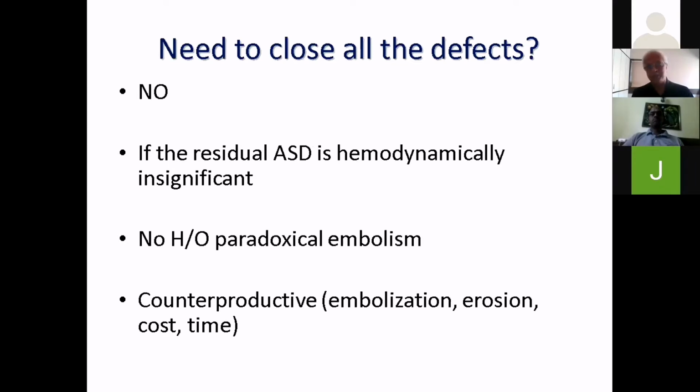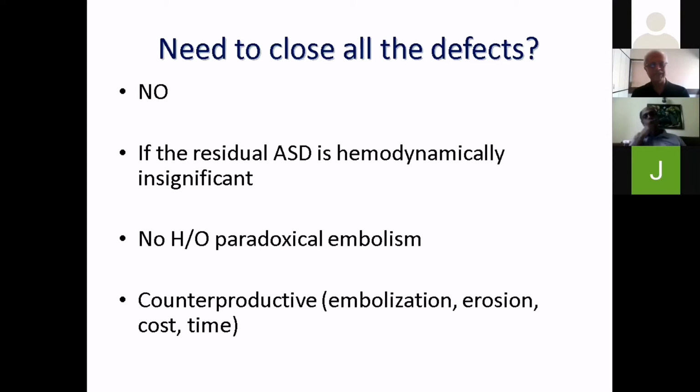The first question, need to close all the defects? Of course, the answer is no. If the residual ASD is hemodynamically insignificant, and this is not uncommonly seen when you have a large fossa ovalis defect with a tiny fenestration in septum primum, I think there is no reason to go after these small fenestrations unless there is a history of paradoxical embolism.